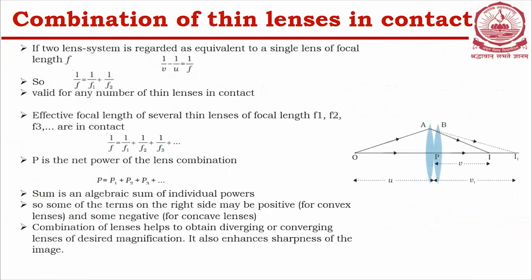You can add as many lenses as you want, it is just an algebraic sum of the individual terms. Even if you consider power, for multiple lenses it is just the algebraic sum of individual powers. This is applicable for concave lenses as well as convex lenses. So this is regarding the combination of thin lenses in contact.